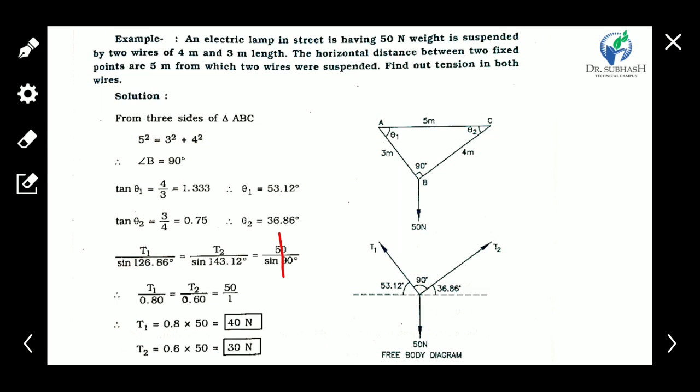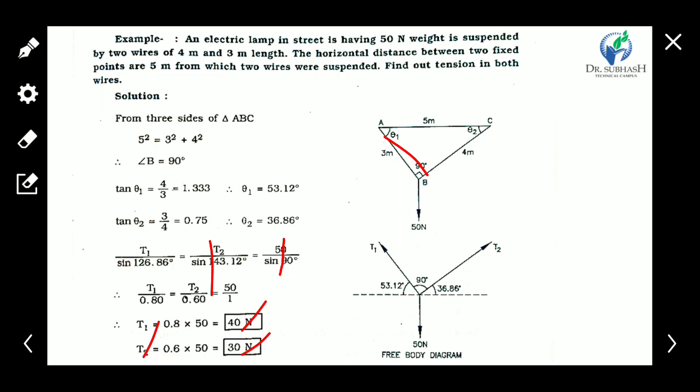Comparing the first two ratios we get the value of T1, and comparing the other two ratios we get T2. So 40 Newton and 30 Newton are the values of tension T1 and T2.